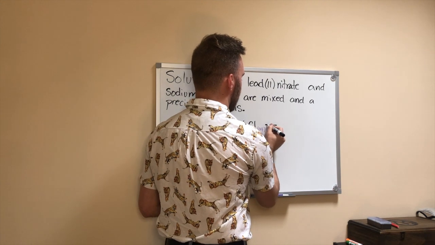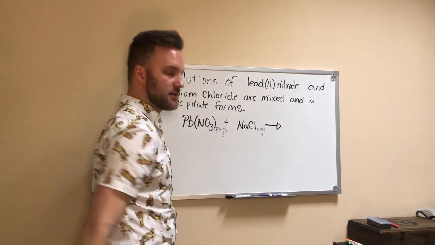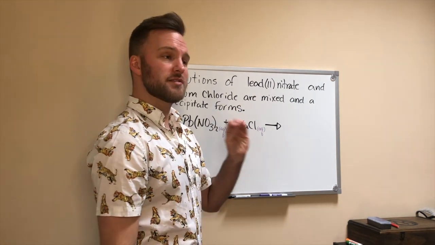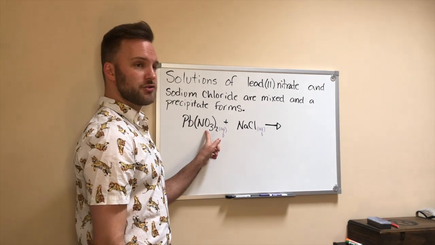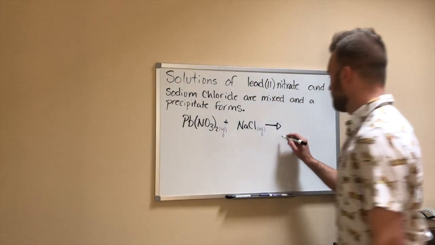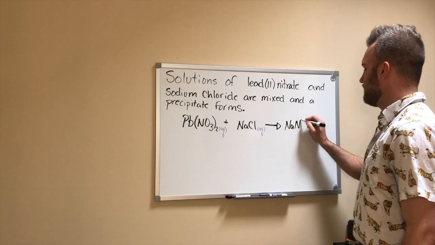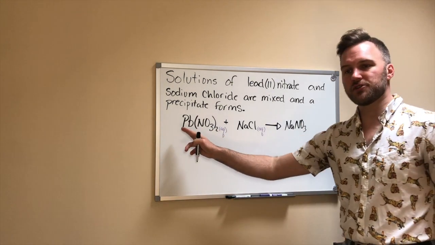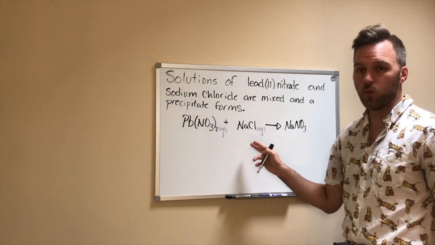We draw an arrow to separate the reactants from the products. And our new products, we have to write new balanced chemical formulas for. Sodium is +1, nitrate is -1. So one of my products is sodium nitrate, NaNO3, and the lead will maintain its +2 charge, so lead is +2, chlorine is -1.